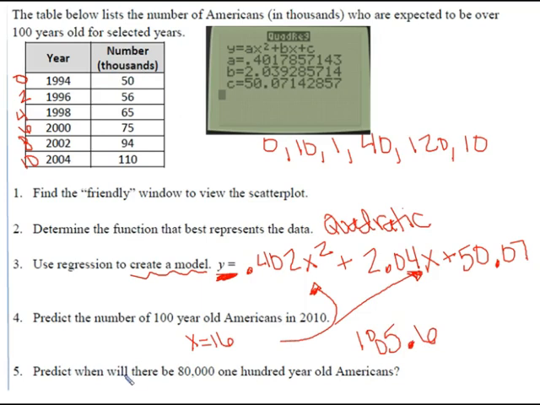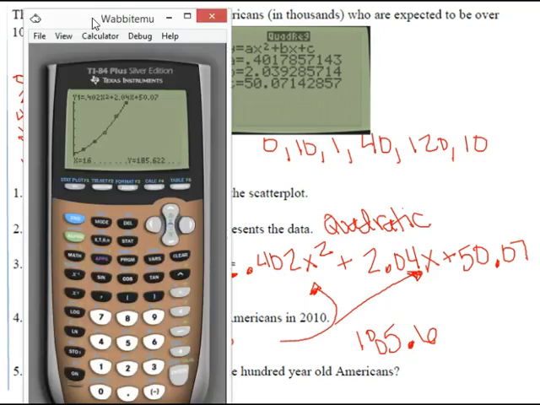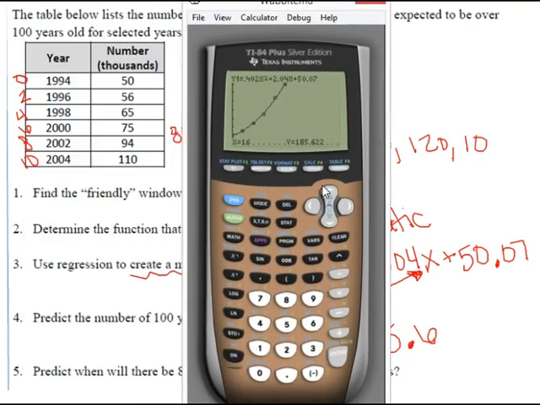So now we want to predict when will there be 80,000 100-year-olds in America. So really we want to check out and see when do we get 80 in this y answer or table. So let's scroll through, and remember we want to try to find 80 as our y value. So here we go, scrolling.